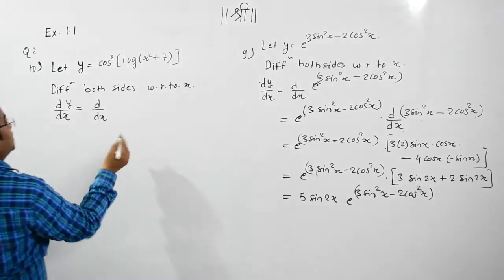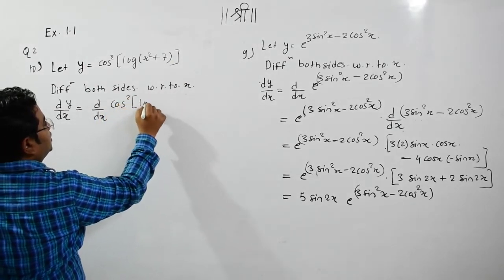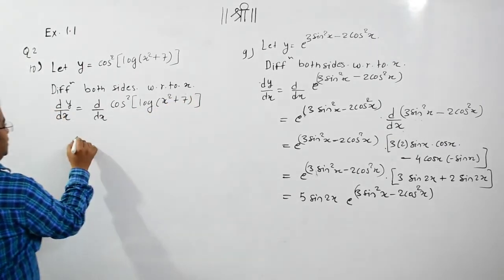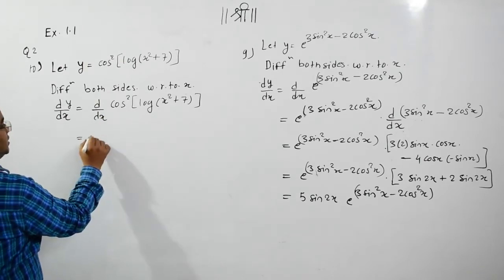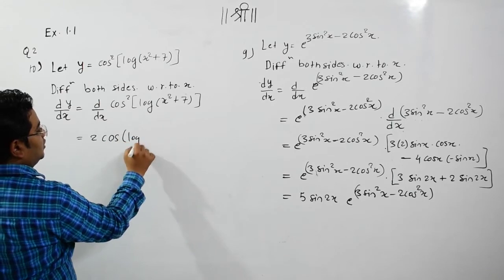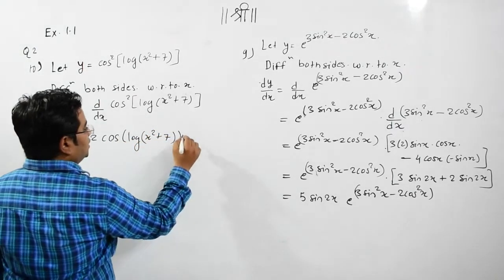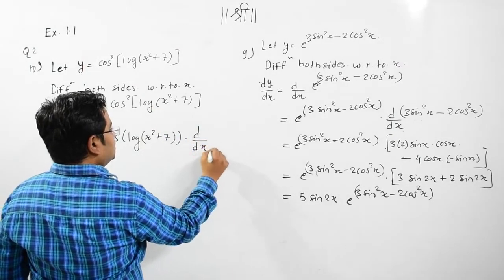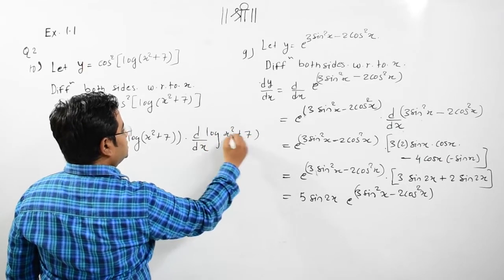Very interesting. Now differentiating on both sides. The derivative of cos² of f(x) is 2 cos of log of (x² plus 7), dot the derivative of cos, and next the derivative of log of (x² plus 7).